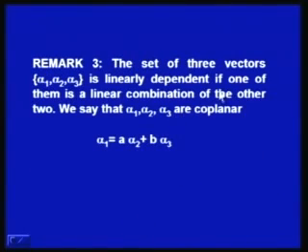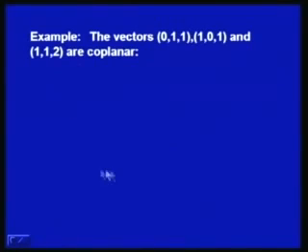Similarly, the set of three vectors alpha 1, alpha 2, alpha 3 is linearly dependent if one of them is a linear combination of the other two, and in such a case we say that the vectors alpha 1, alpha 2, alpha 3 are coplanar. Like I have written, alpha 1 is equal to A times alpha 2 plus B times alpha 3. Now some examples: the vectors (0, 1, 1), (1, 0, 1) and (1, 1, 2) are coplanar.